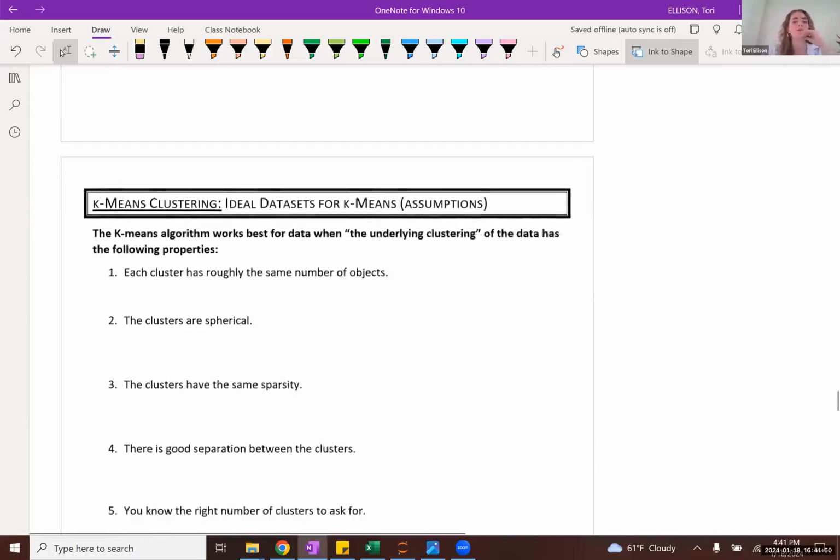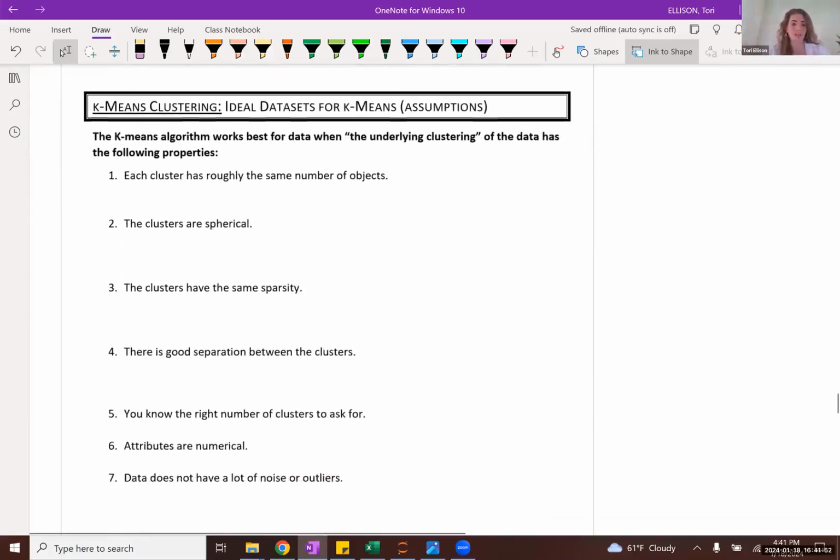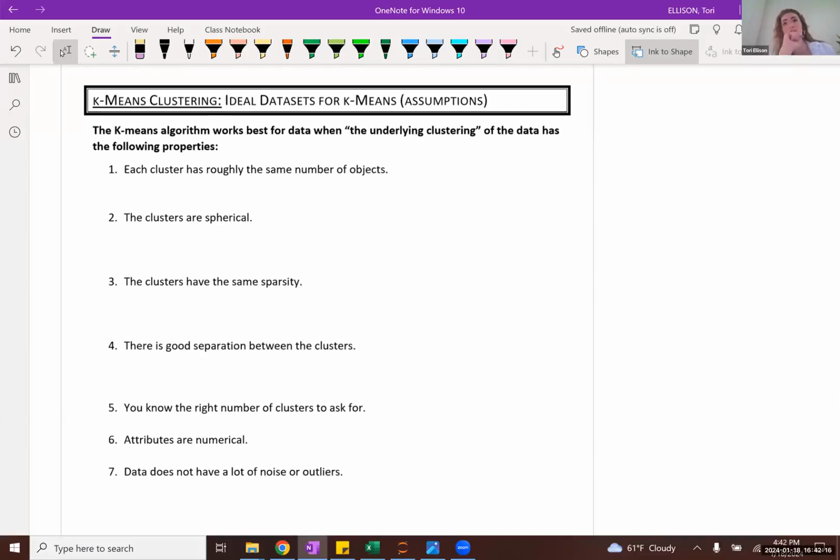Okay, so we'll talk about the pros and cons of k-means clustering on Tuesday. But I do want to talk about the ideal types of data sets that the k-means clustering algorithm is designed to work best for. Every clustering algorithm is going to work better or worse based on the type of data set. Every algorithm has a set of ideal properties.